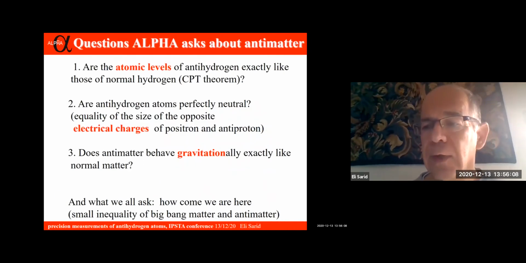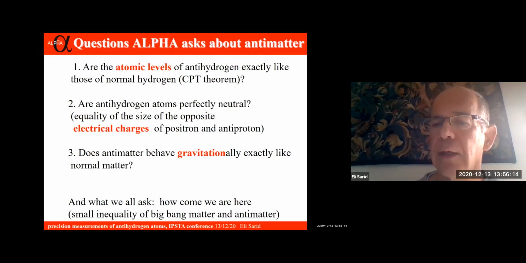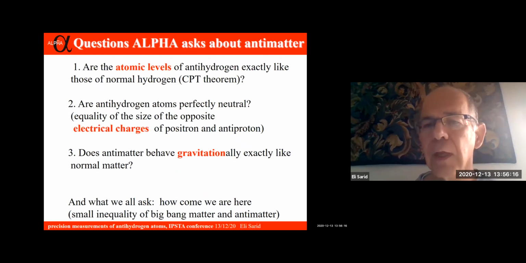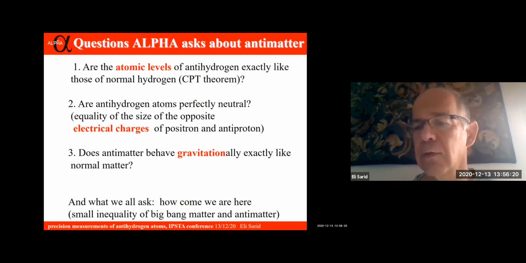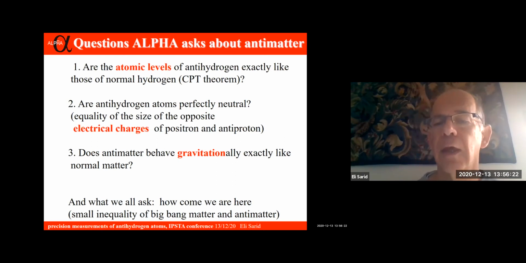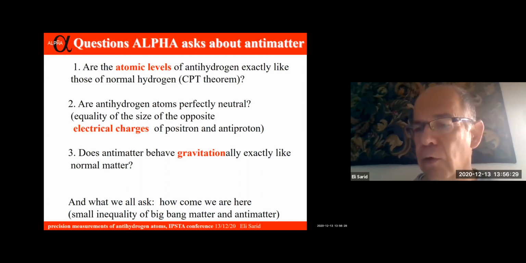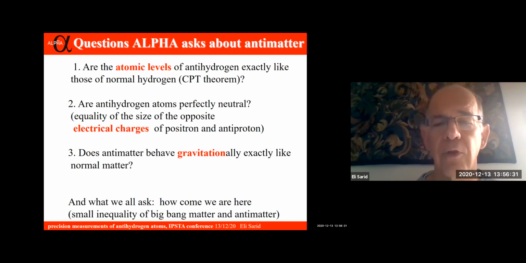We ask several fundamental questions about the properties of antimatter. The theoretical expectation is that atomic levels, transition energies, even gravitational behavior will all be like what we find in the normal matter hydrogen atom.